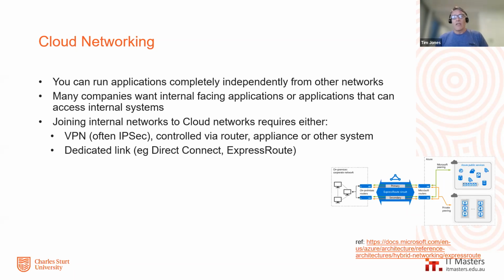Right? So the other way that companies often do it as well is to have a dedicated link. If we're talking AWS world, this is called Direct Connect. If we're looking at Azure world, this is called Express Route. But they're exactly the same sort of thing. What they're doing is providing network connectivity using standard direct networking capability, provided by someone like Telstra, and it can be as much throughput as 10 gigabit connections between our data center and the office.